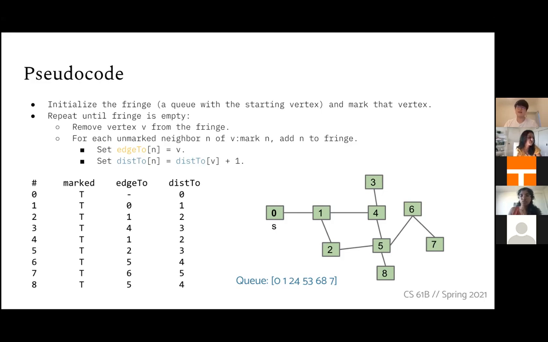So it's arbitrary whether you go to 5 from 2 or from 4. You can do either one. It's handled arbitrarily. In this case, we showed an example going from 4.